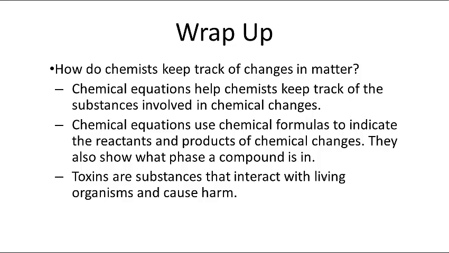And toxins are substances that interact with living organisms and cause harm. So really the takeaway from this lesson is that we're going to be using a lot of chemical equations. They're going to help us simplify and speak a common language for what we see in changes in matter. It's a lot easier to write out a chemical equation than write down all the steps involved with all the substances and their phases.